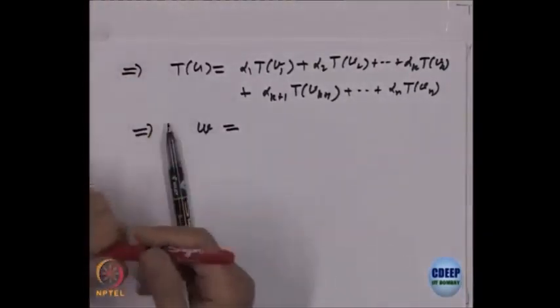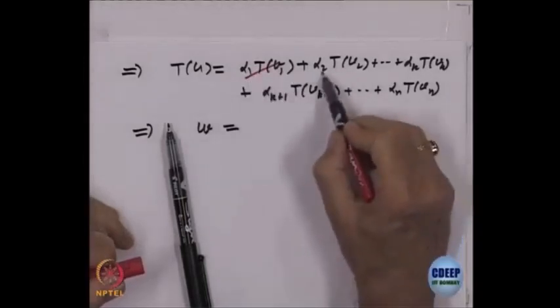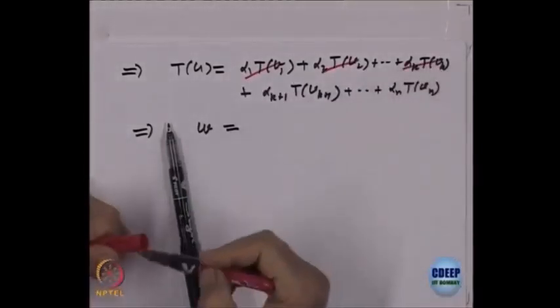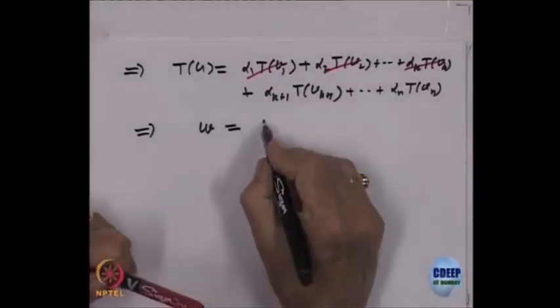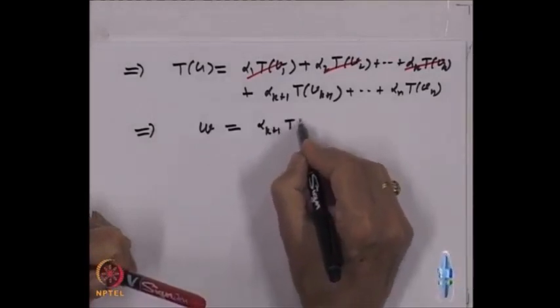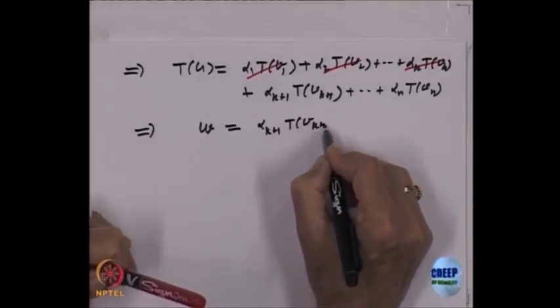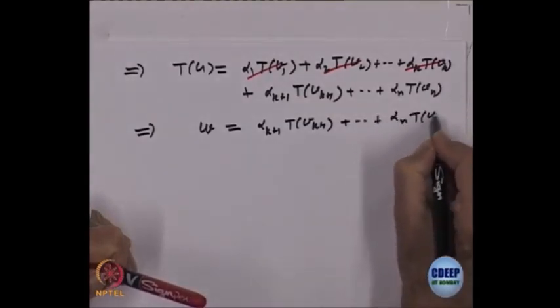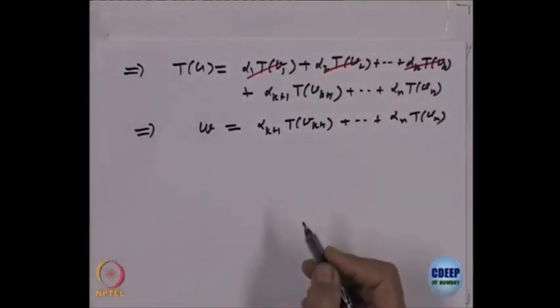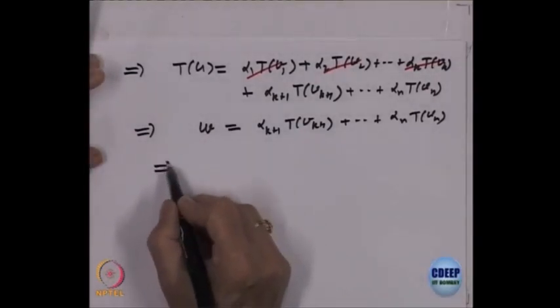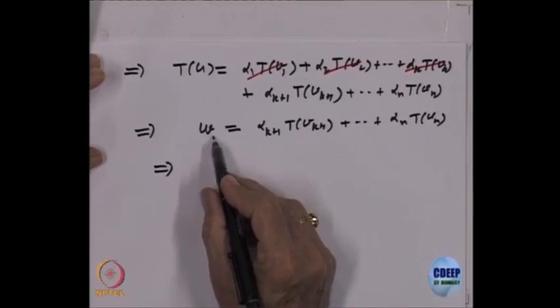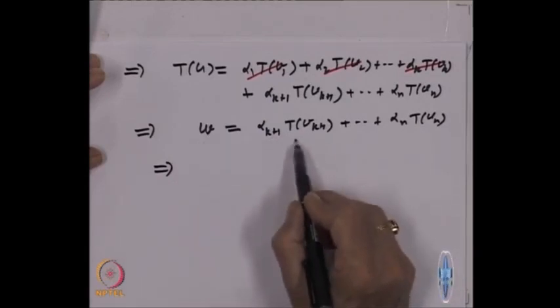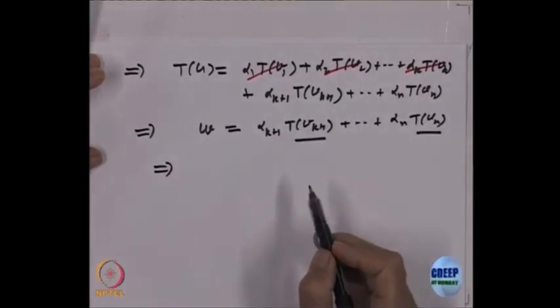So, this goes off, this is not required, they are all 0. So, what is left is alpha k plus 1 T of V k plus 1 plus alpha n T of V n. So, what does it mean? Any vector W which is in the range is a linear combination of these ones, right.